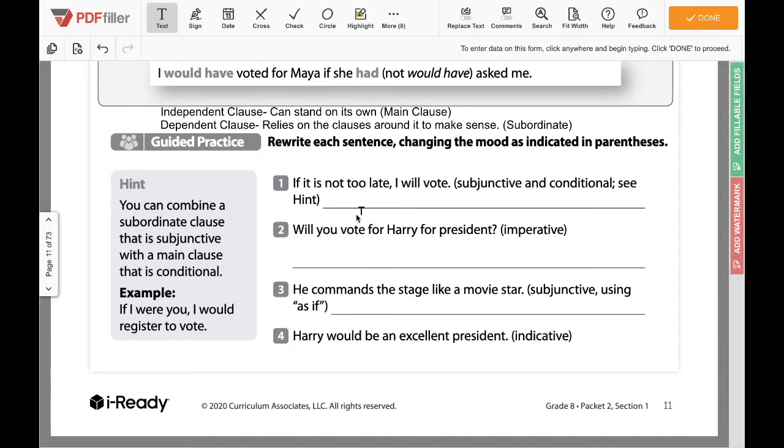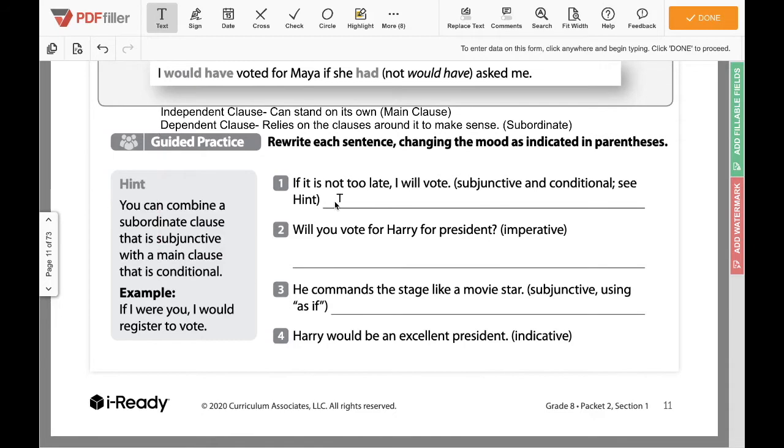So on our first one, it says, if it is not too late, I will vote. It's subjunctive and conditional. How do we combine those two things? Well, again, it says you can combine a subordinate clause, which is a dependent clause, that is subjunctive with a main clause or independent clause that is conditional.